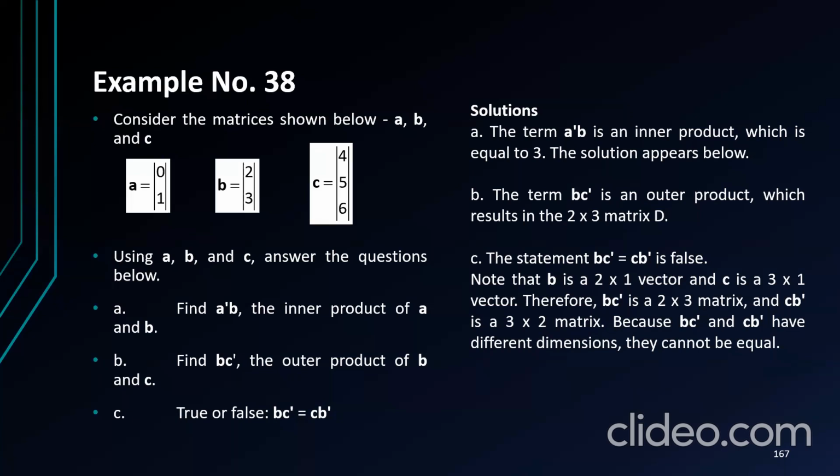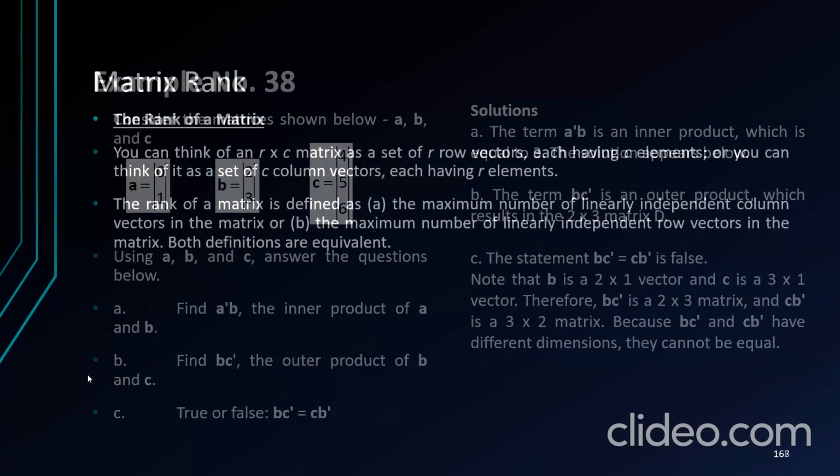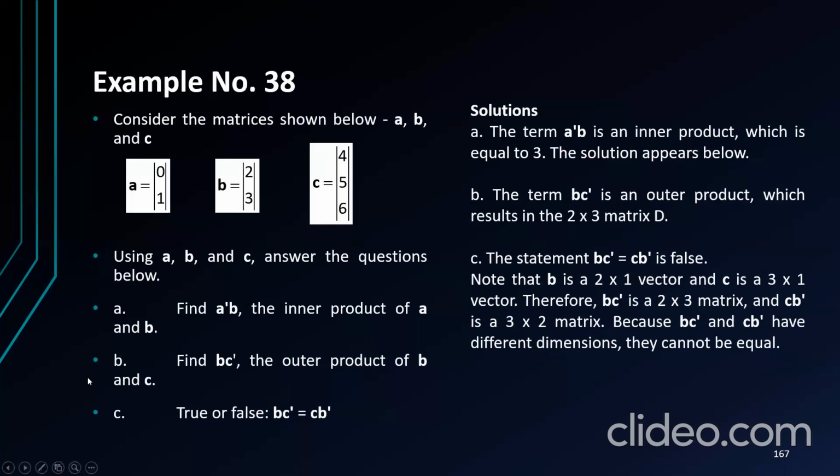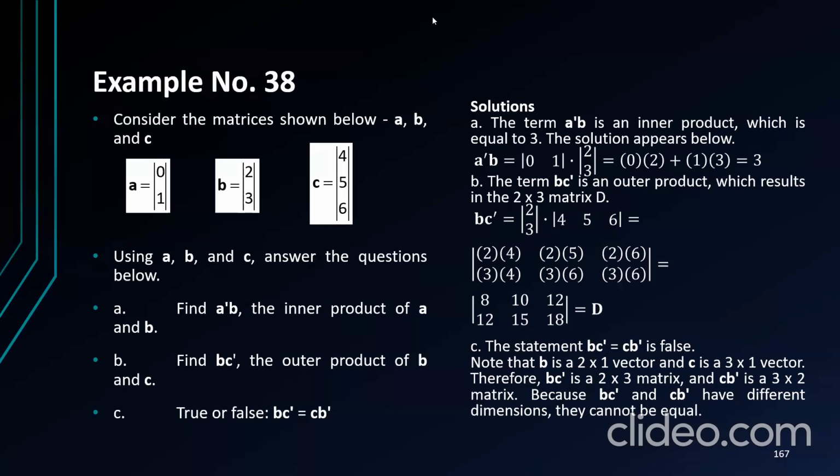Solution A, the term A prime B is the inner product which is equal to 3. The solution appears below. Okay, so inayos ko lang.